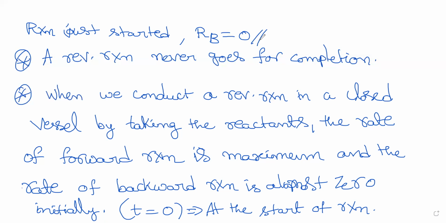At time t equal to 0, the reaction just started, the rate of backward reaction is 0 because no product has formed yet. The products are about to form, right? So in such a scenario, the rate of backward reaction is 0.